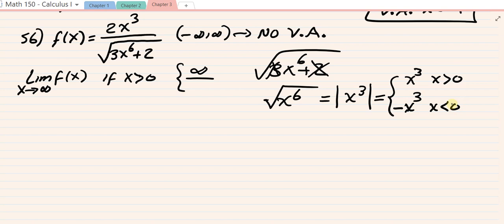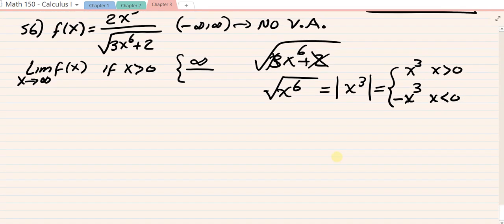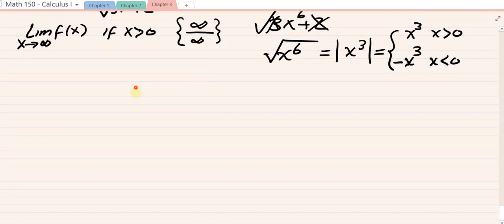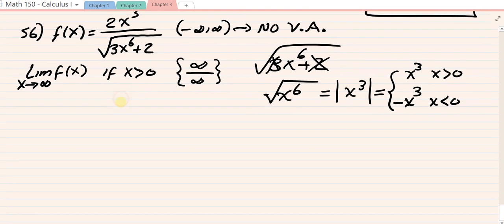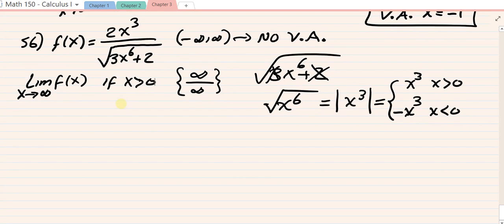Therefore, for our denominator, in the case where x is positive, we have the indeterminate form infinity over infinity. The case where x is negative, we have the indeterminate form infinity over negative infinity, right? So how do I resolve these? The indeterminate forms must be dealt with.